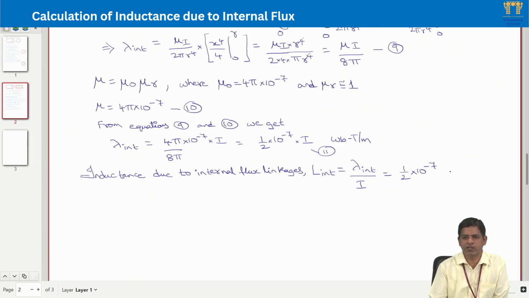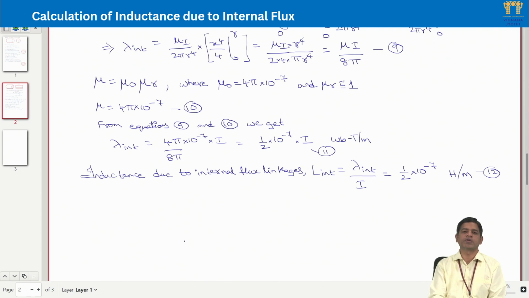So actually the inductance unit is Henry, but since we are considering a unit length conductor, so the unit of inductance due to internal flux linkages in this derivation will be Henry per meter. Let this be equation 12.